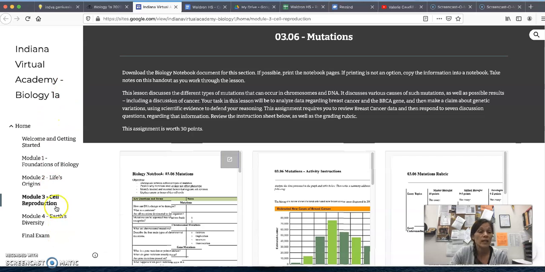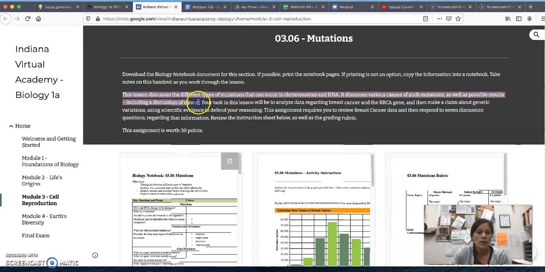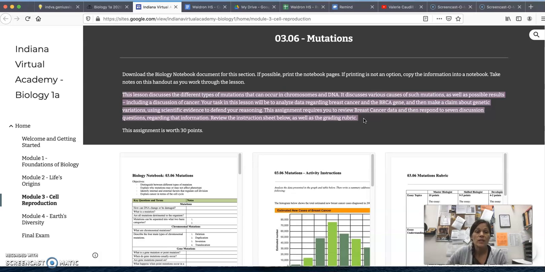Okay, I first went ahead and went to our Google site so I could give you a little bit of an introduction that we have here. My introduction to you says, this lesson discusses the different types of mutations that can occur in chromosomes in DNA. It discusses various causes of mutations as well as possible results, including a discussion of cancer.